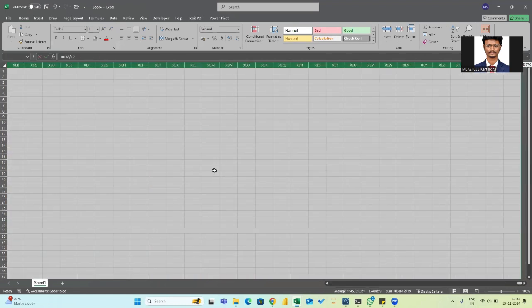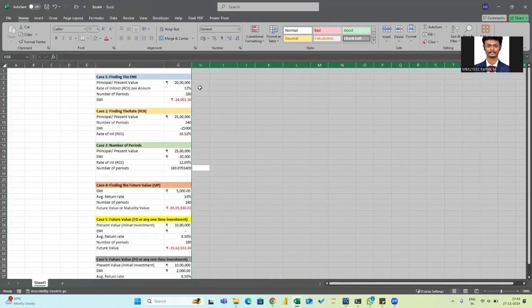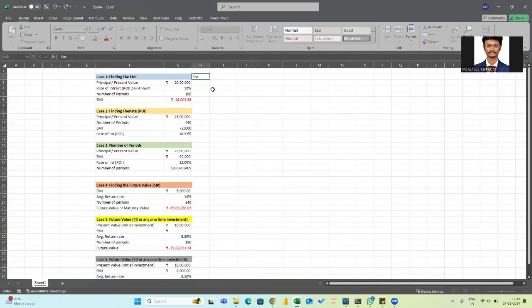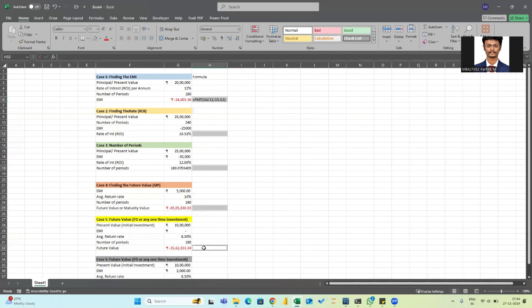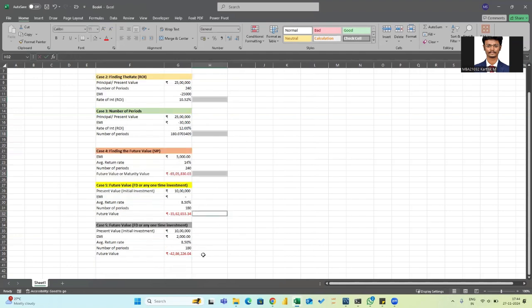To make it simple for you, let's create a formula column. So the formula text of this is, I'm copying this to here, here, here, here, and here.